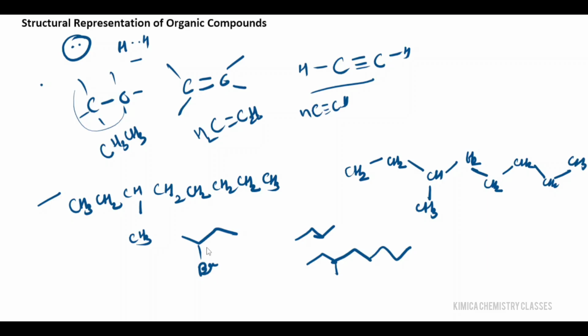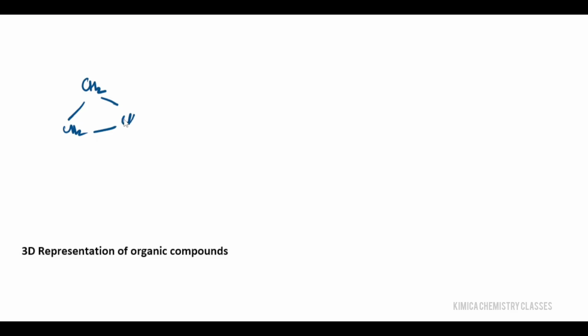In cyclic compounds also, bond line formulas are given. Like in cyclopropane, we can write this structure, or we can write like this also. This is also cyclopropane.